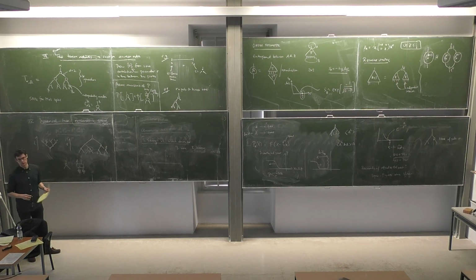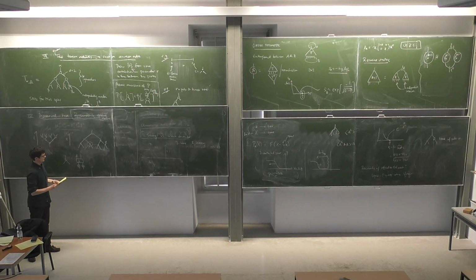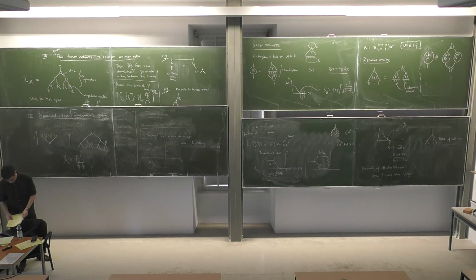So again, these weak measurements will also have random outcomes. All right, so it's easy to see what happens if these weak measurements become projected measurements. Then each bond just breaks the tree, and no information is preserved.